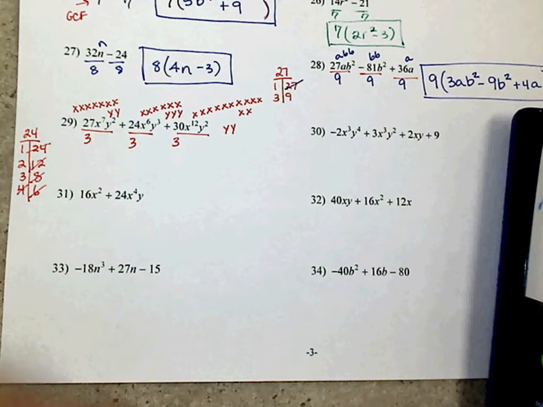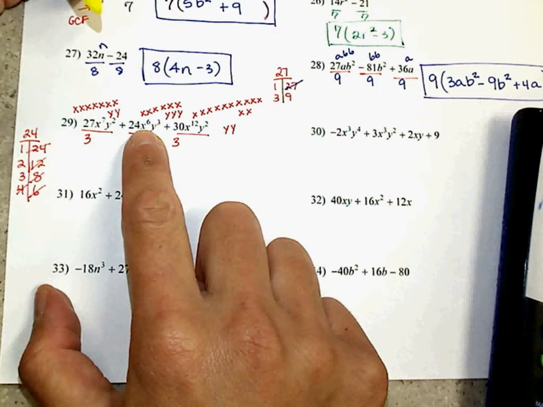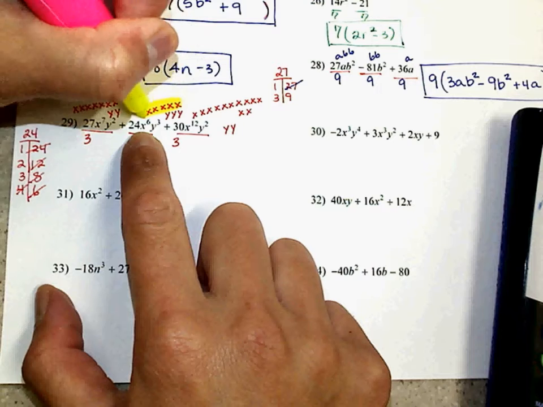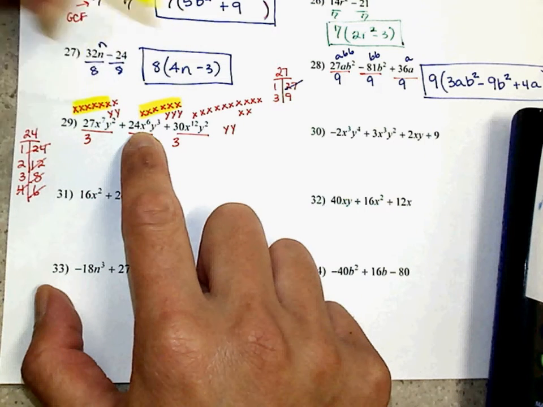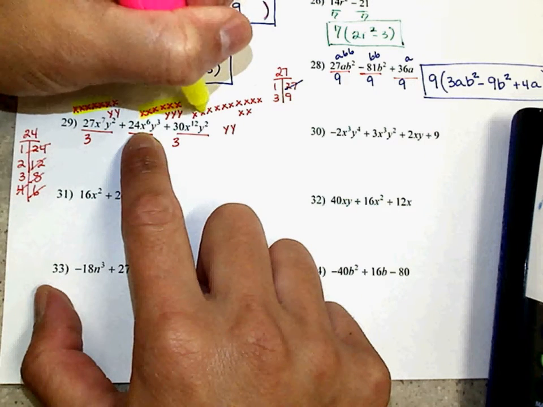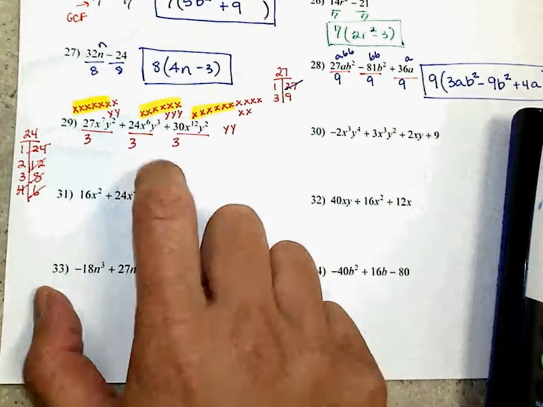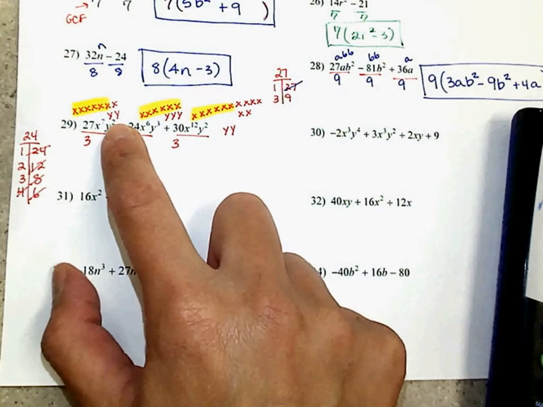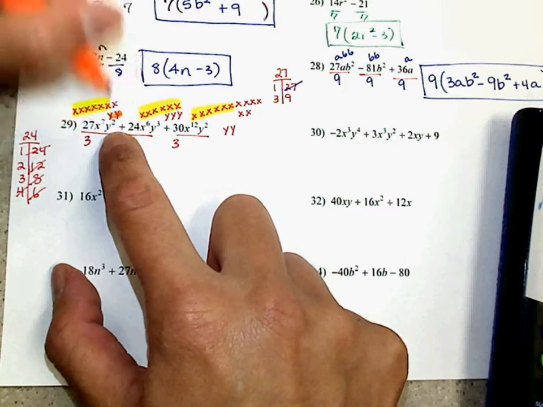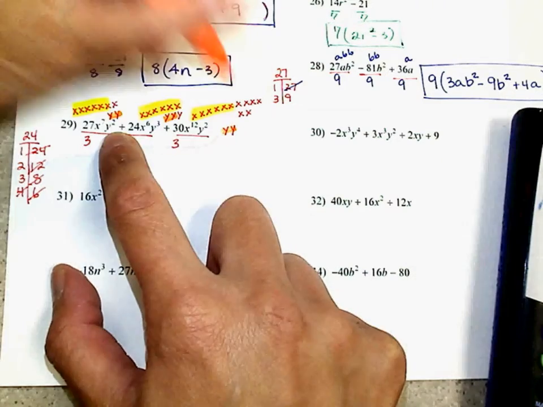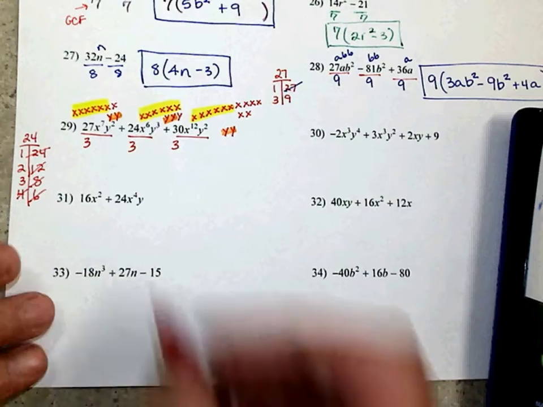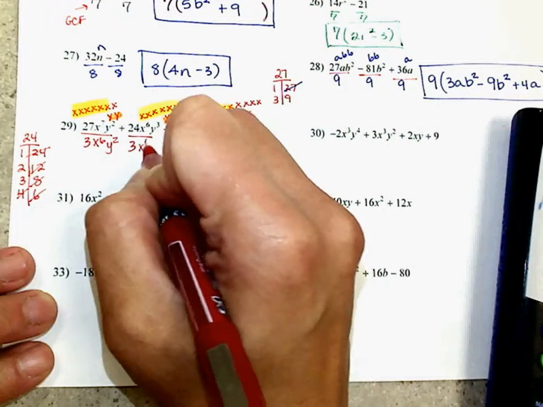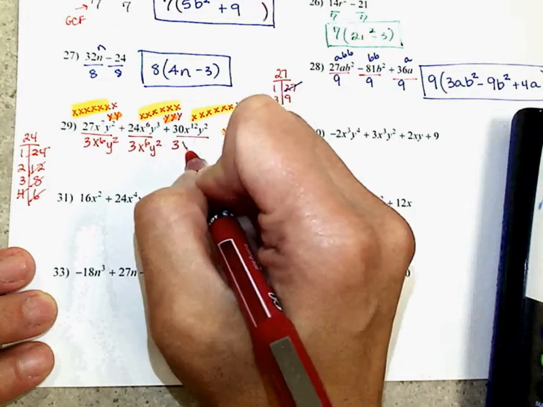The lowest x I see is 6. There's 6 right there, and 6 right here. Okay? Look at your y's. What's the maximum they have in common? I see a 2, I got a 2, and I got a 2. Alrighty. So I have 6 x's, y squared.